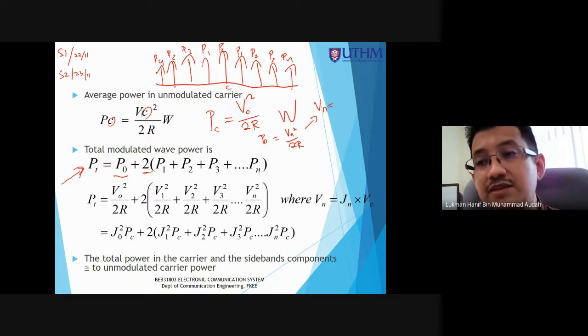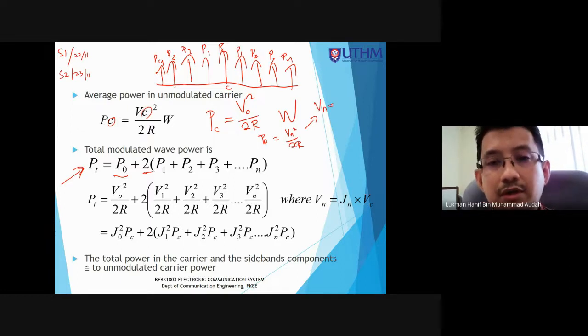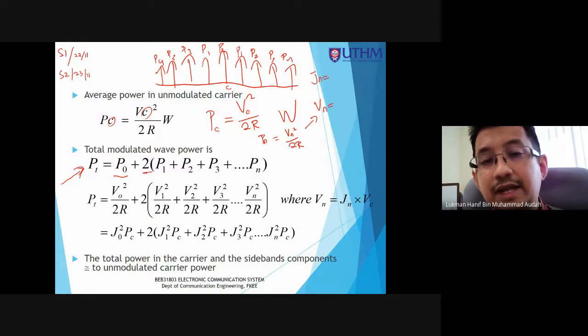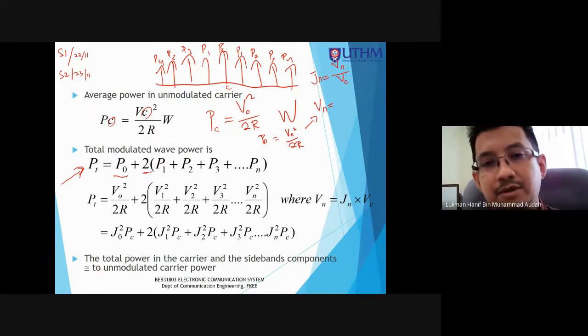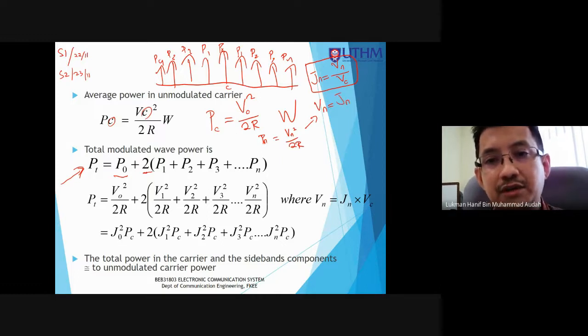Vn is the real amplitude, and you have learned about Jn. Jn is the relative amplitude. Jn is Vn over Vc. So this is where you get the relative amplitude from the Bessel table. Okay, and Vn is equal to Jn multiplied with Vc. So ini pun ada diterangkan di sini.